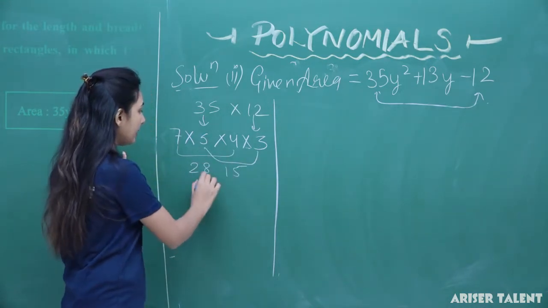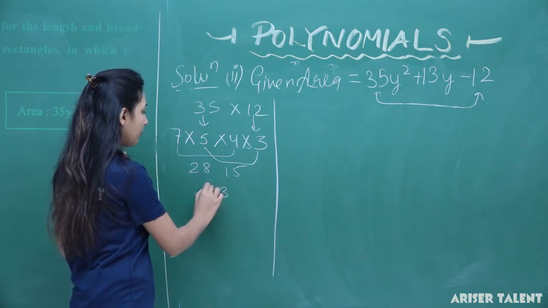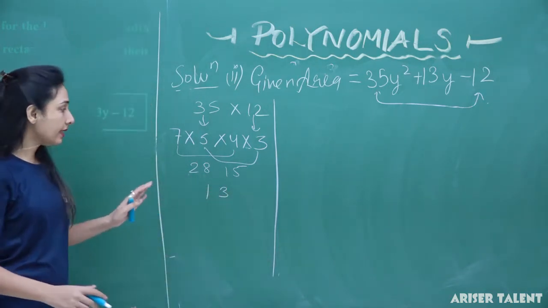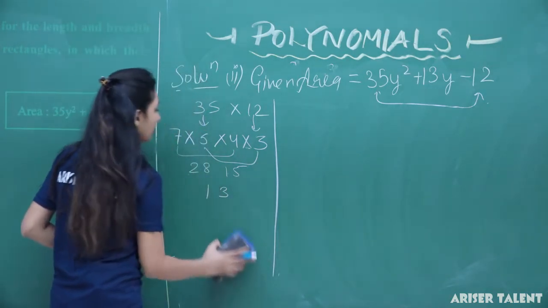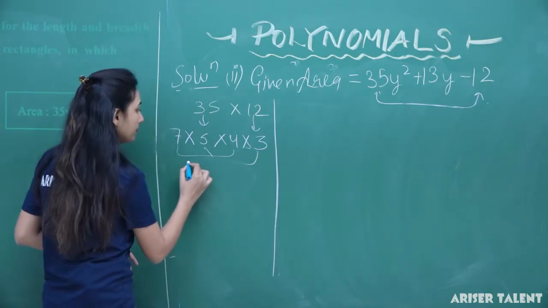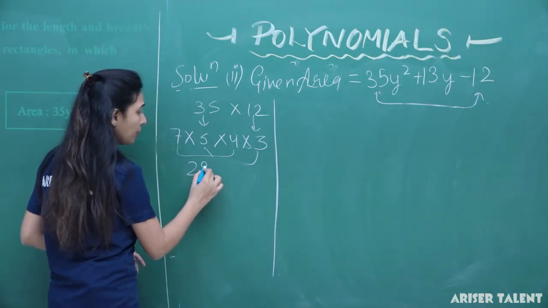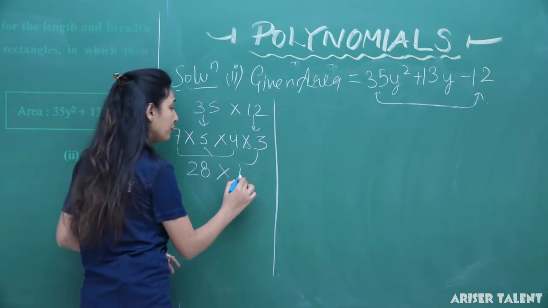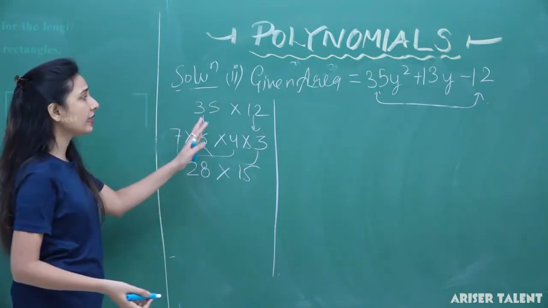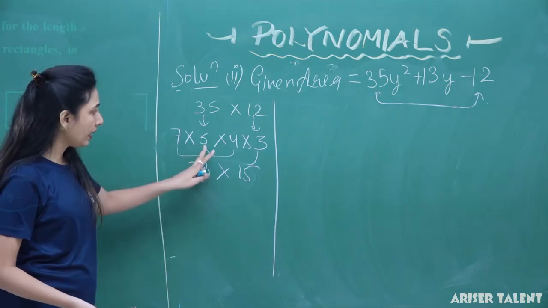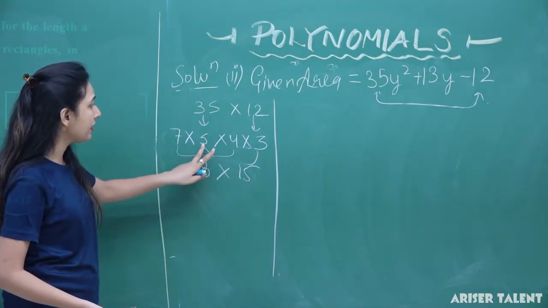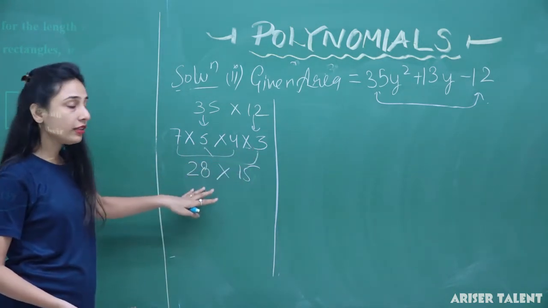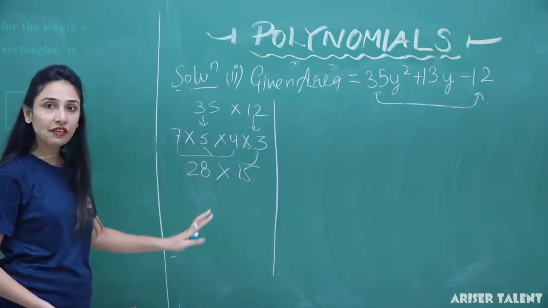Now understand again, I can write these as factors: 28 multiplied by 15 is again 35 multiplied by 12. I just multiplied these two terms, write it here, and these two terms, write it here. So that is basically the same factors of 35 and 12.